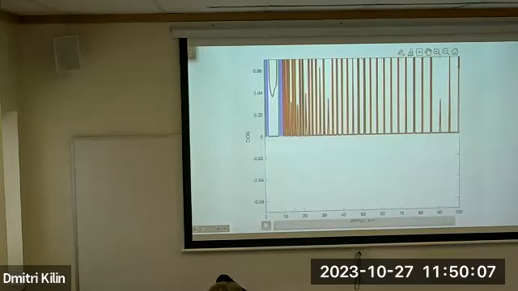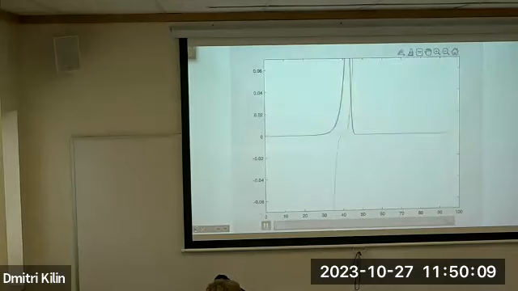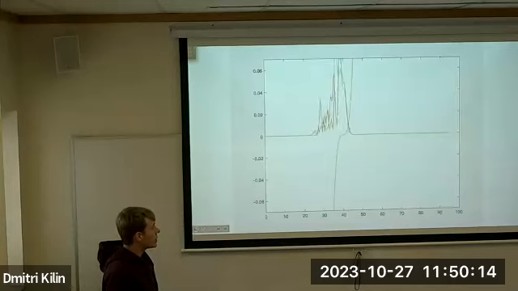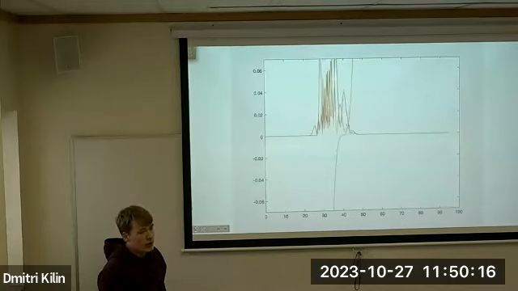And then here is an example of changing the initial potential. I changed it from a square to a cube. It looks a lot different than before.